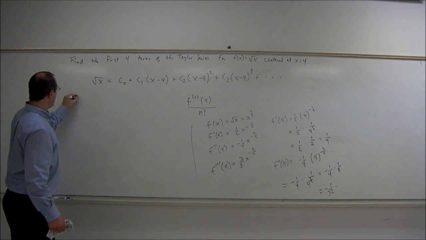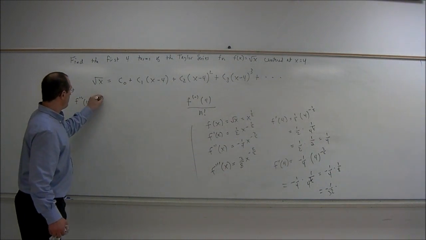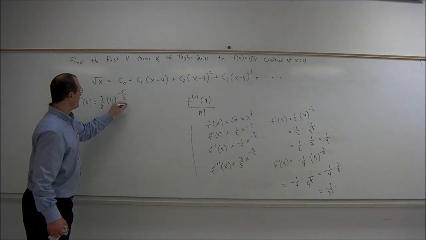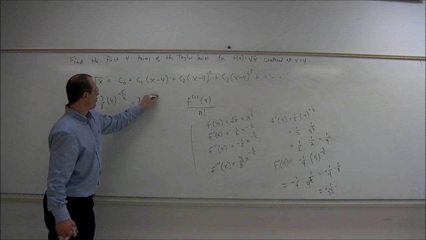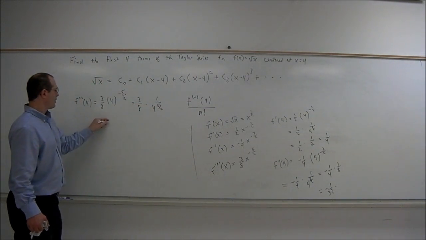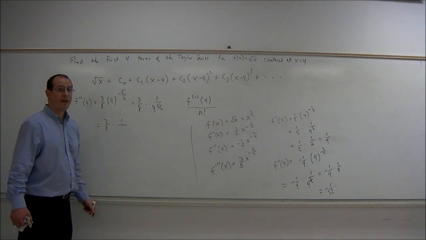And f triple prime of 4 is 3/8 times 4 to the power negative 5/2, which is 3/8 times 1 over 4 to the power 5/2.